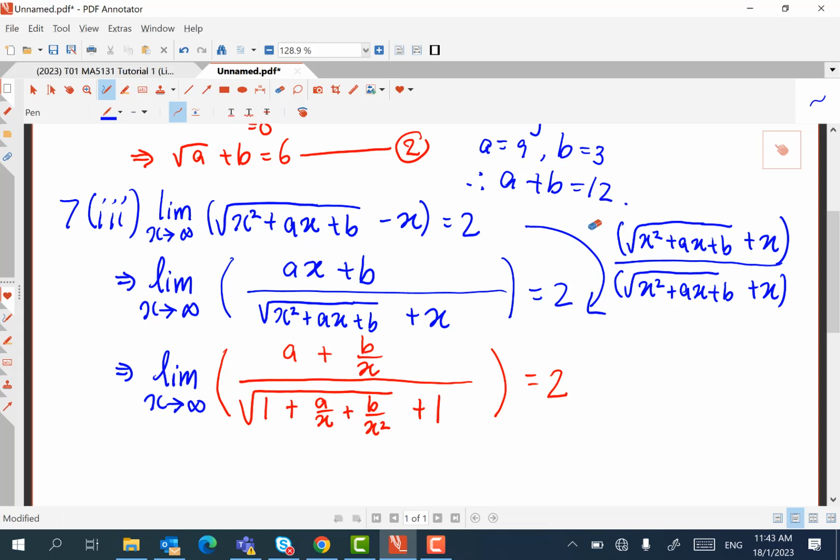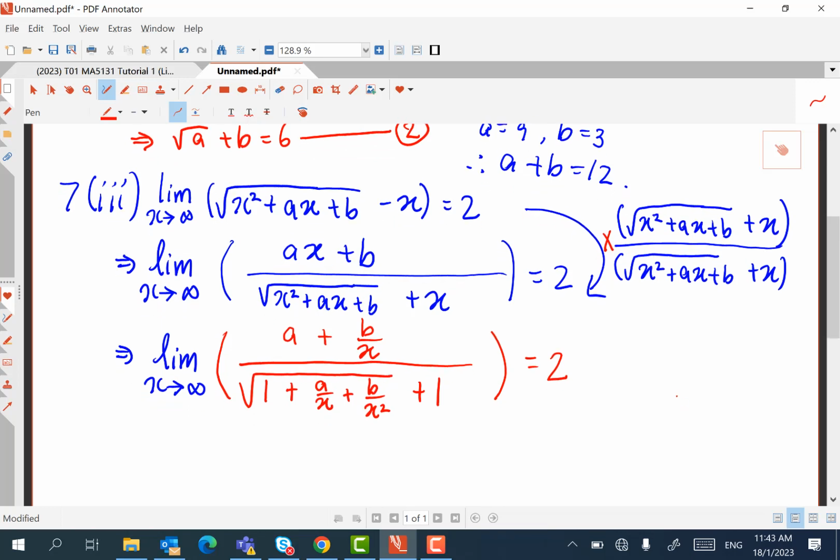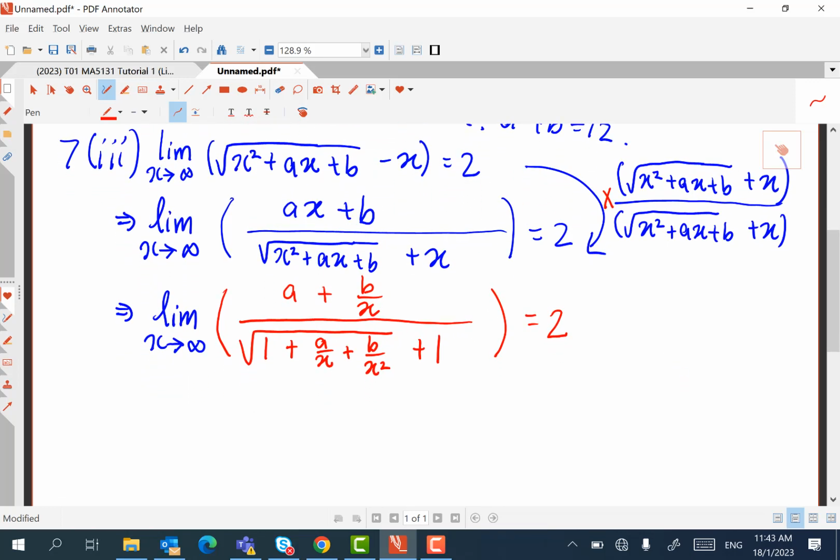I have multiplied the top and bottom by the same thing. And this implies that you can get a plus 0.